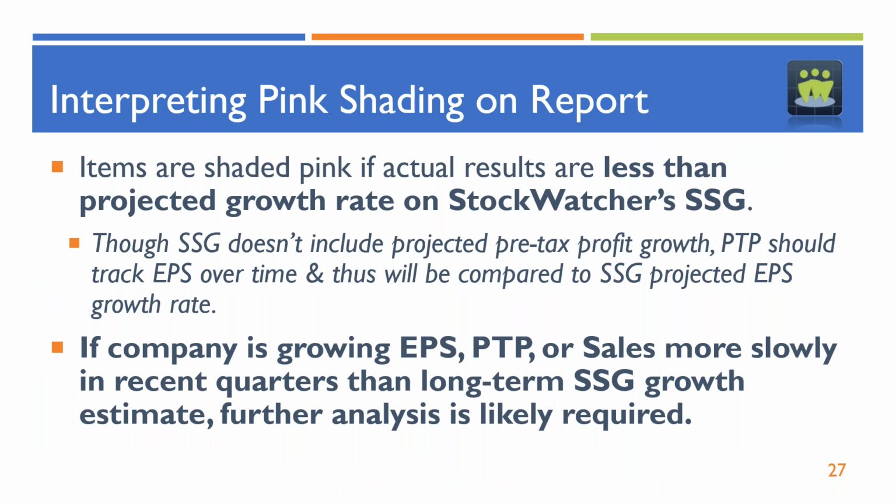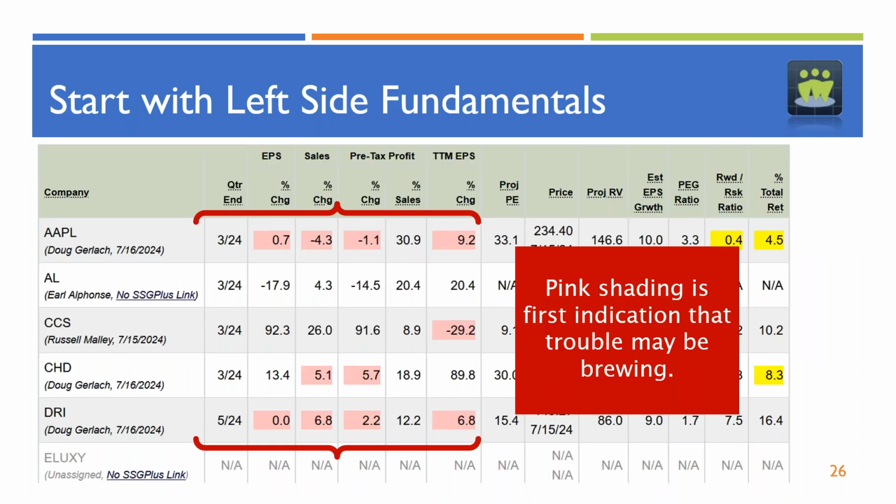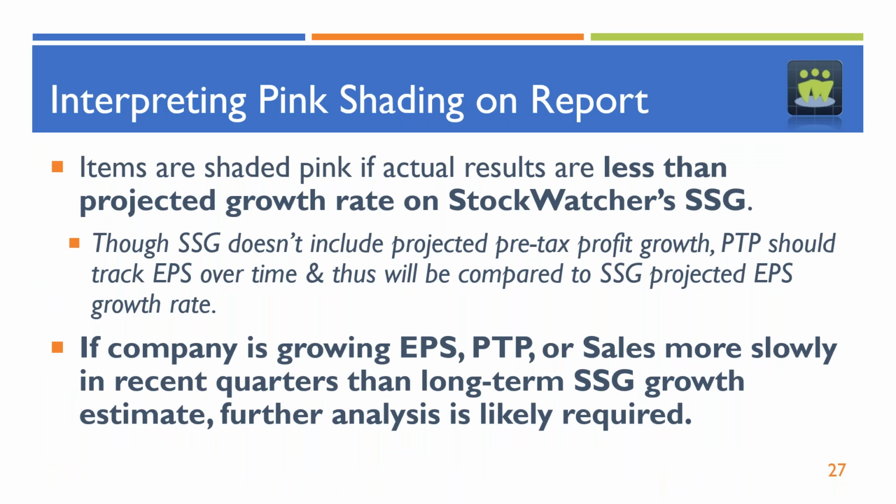Now, I will point out that we have on this report projected pre-tax profit growth, and we flag it. You can see the pre-tax profit columns there. The percentage change is flagged, and that's because we're comparing pre-tax profit growth to earnings per share growth, because they should track over time. The only reason they wouldn't is if the company is buying back shares, for instance, or issuing more shares.